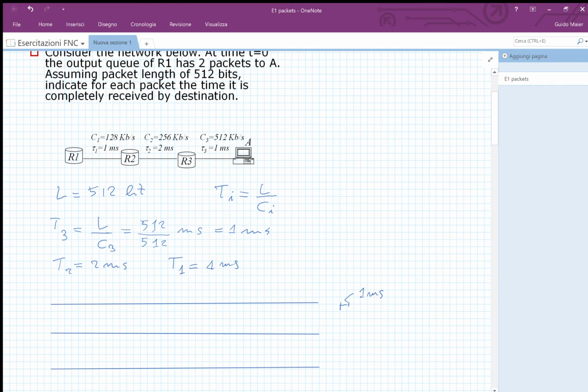So R1 starts sending the packets, and it will transmit them one after the other. The transmission of the first packet will take 4 milliseconds, which is T1. So we can draw it in this box.